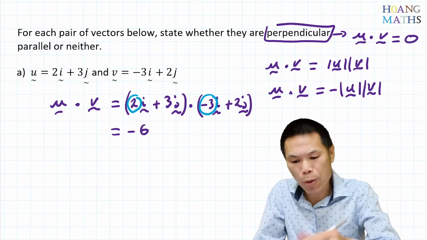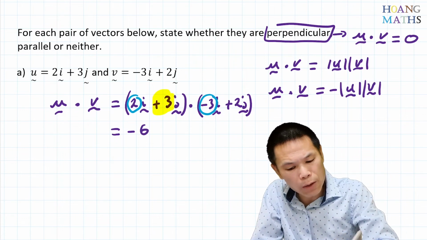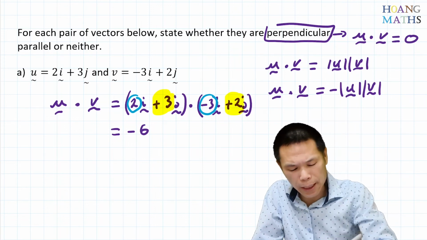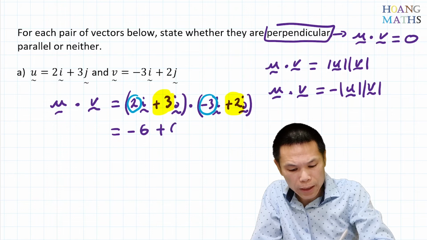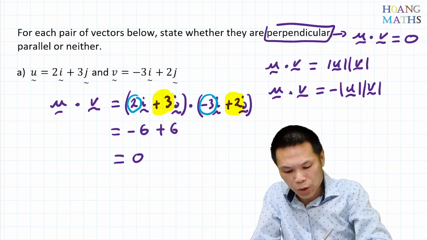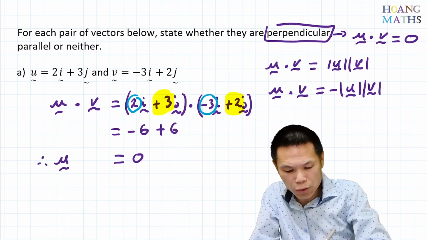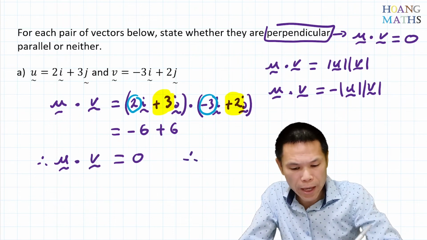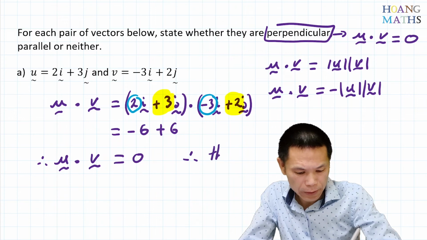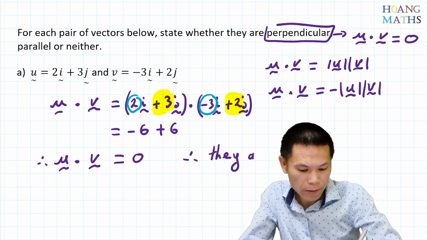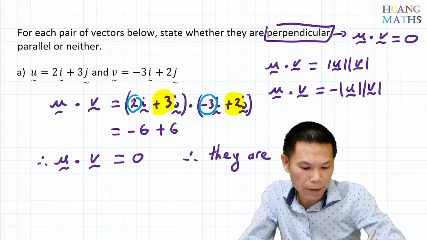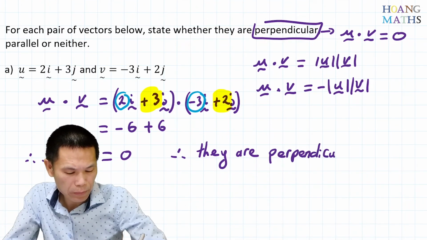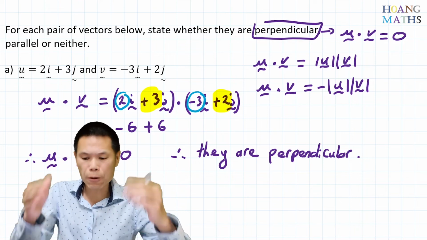And for the j component, we times them together and add them, so 2 times 3 is 6. So we add them together, and that gives me 0. So therefore, U dot V is equal to 0. Therefore, they are perpendicular. There you go.